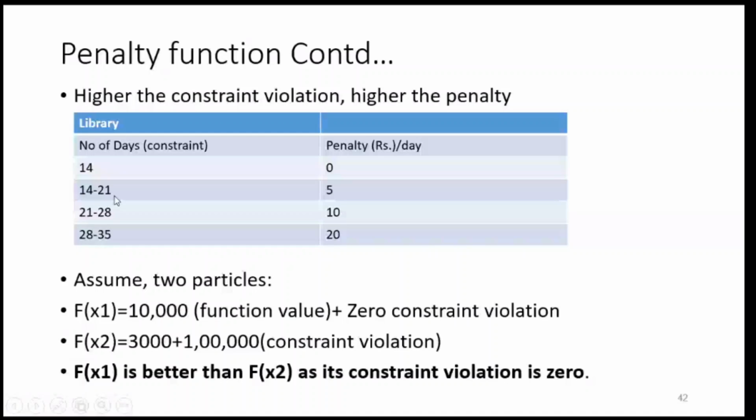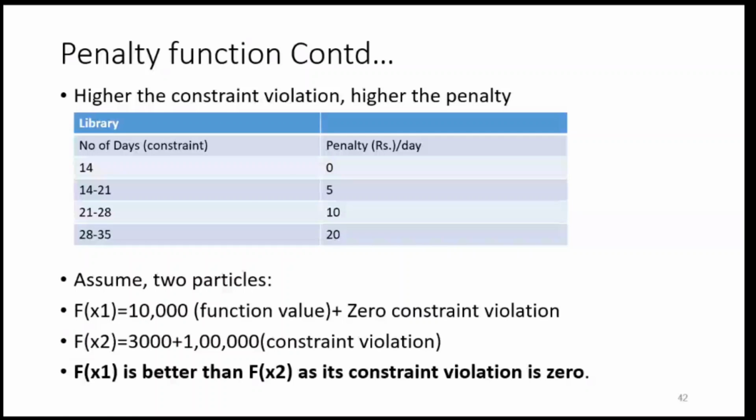It means if I consider this as a constraint, if you violate your constraint, you are imposed a higher penalty. If you submit your book in the third to fourth week, then the penalty imposed is very high. And if you still submit your book in 28 to 35 days, then a very, very high penalty is imposed. It means the higher the constraint violation, the higher the penalty, right?